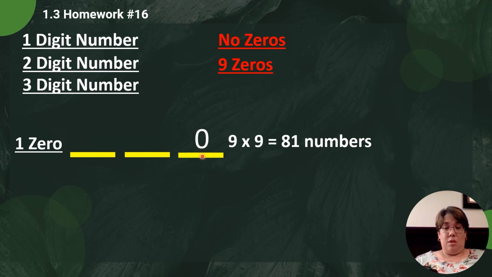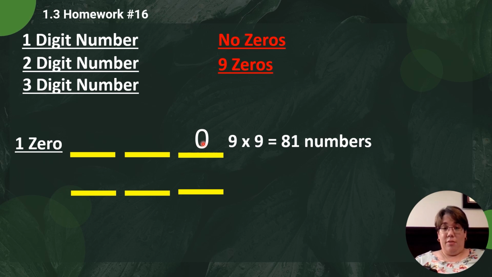Can you give me one number, like 110, 120, 130, 140? That's one of the 81. Those are some of the 81 numbers. Now, it turns out we could put that 0 not just at the end.